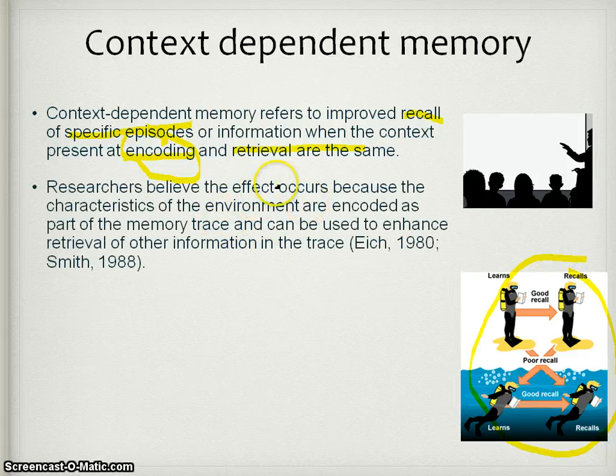First of all, researchers believe the effect occurs because the characteristics of the environment are encoded as part of the memory trace. When you have traces of memories, okay, a memory trace is left there in your brain. Oh, I'm sure I've seen you before. I recognise that person over there. All those kinds of statements. You're accessing memory traces.